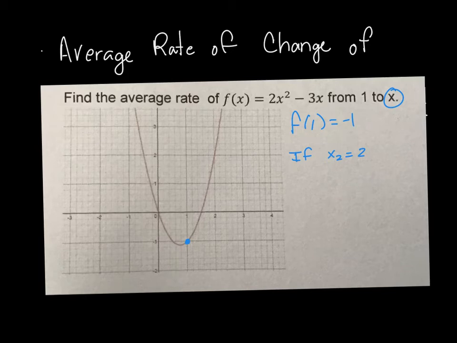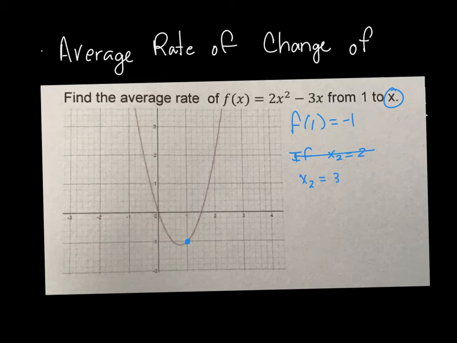But that's not what I'm looking for exactly. I could also want to know what happens if x2 was equal to 3, which means it would be way up here somewhere, right? What would that average rate of change be? So we're going to do this in terms of x.